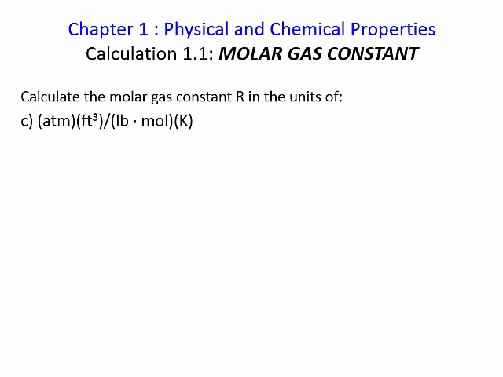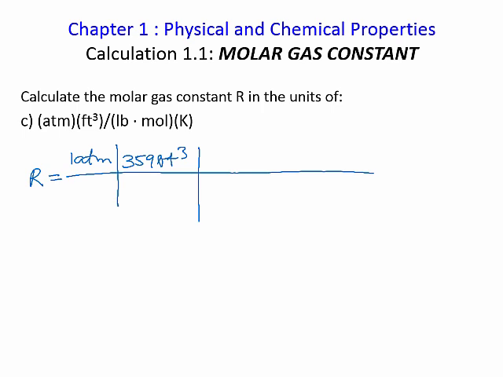In part C, we will do similar. R equal to 1 atmosphere of pressure multiplied by 359 foot cube divided by 1 pound mole of gas divided by 273 degrees Kelvin. 273 degrees Kelvin is 0 degrees Celsius or 32 degrees Fahrenheit.